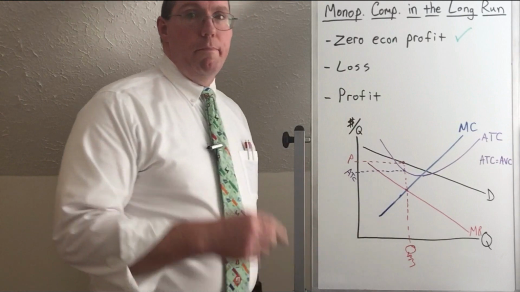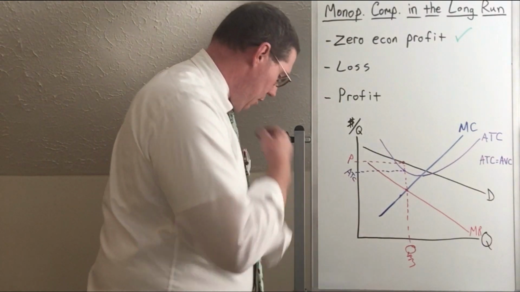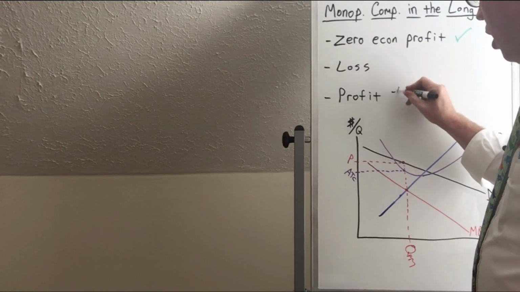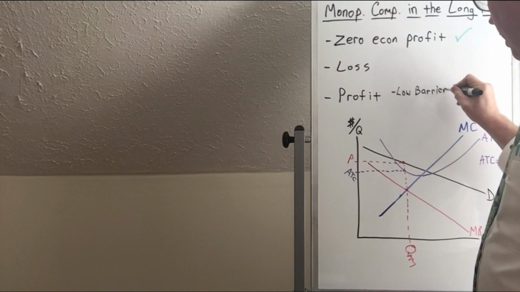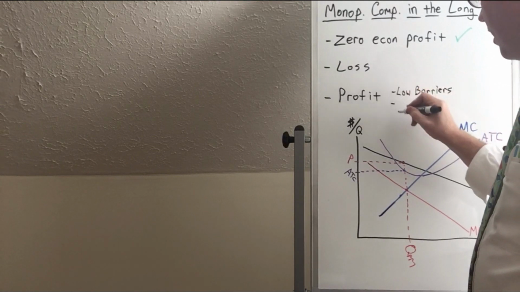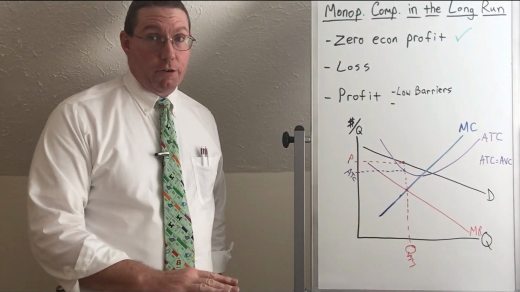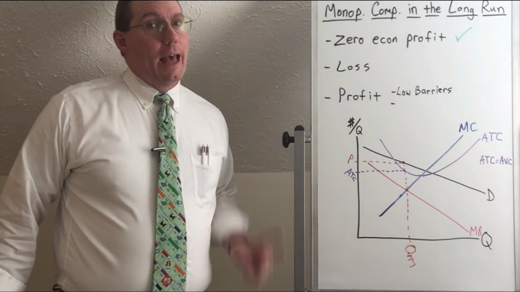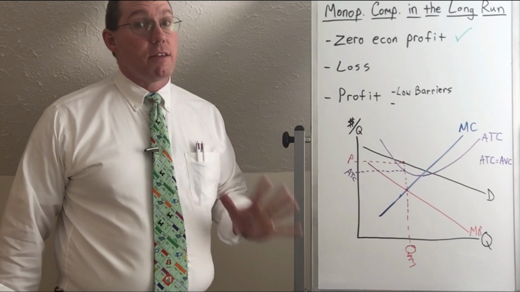In the long run, because there are low barriers to entry, under profit, this will attract new entrants. This will attract new competitors. Other companies will say, hey, there's profit to be had over there. And even though information symmetry is imperfect, it's not secretive.